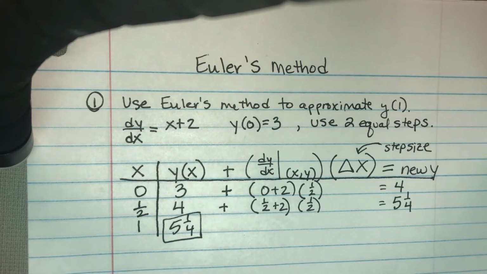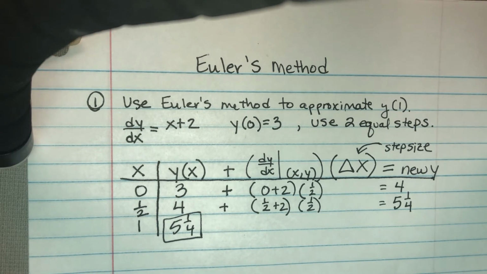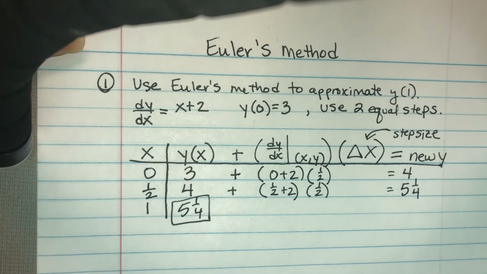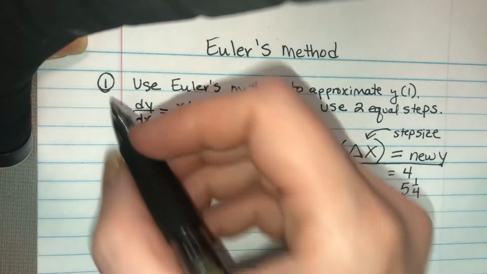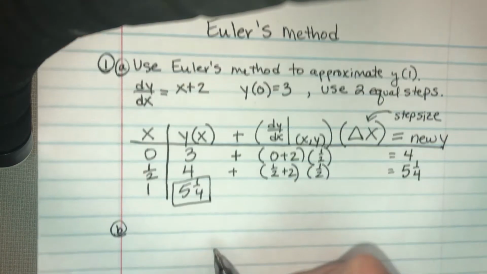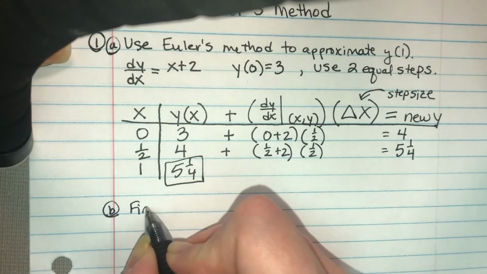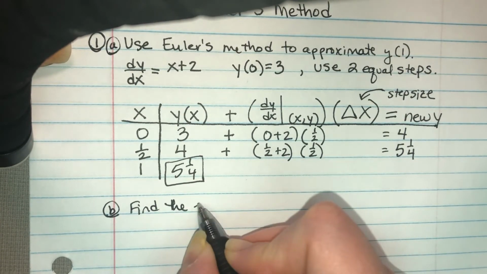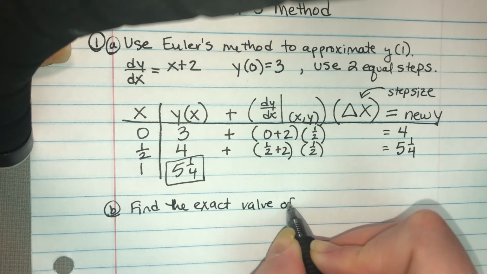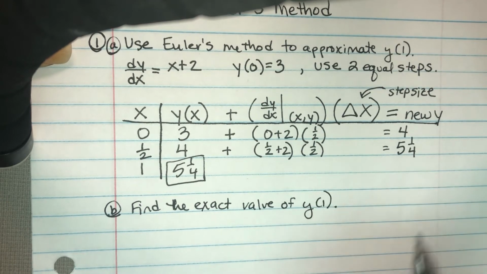Now, we're not going to do these next few steps on each problem, but just for the first one to kind of introduce the topic, we're going to say that was part A. And for part B, we are going to find the exact value of y of 1.